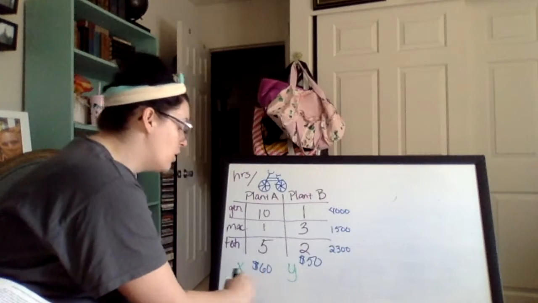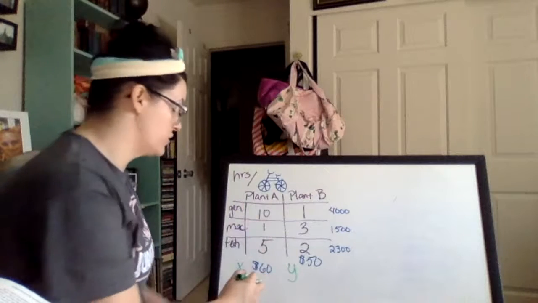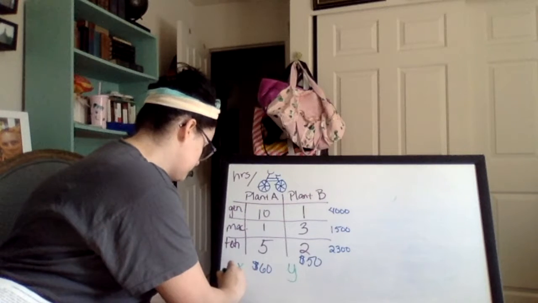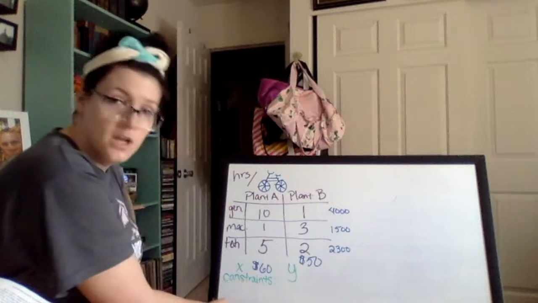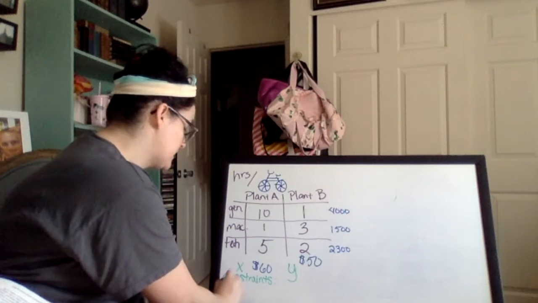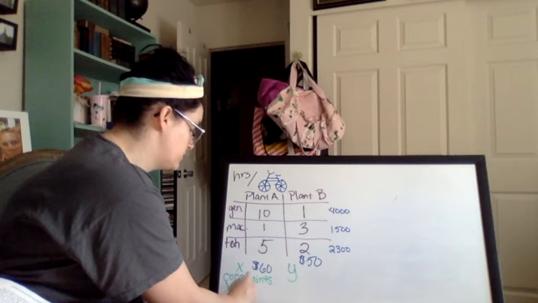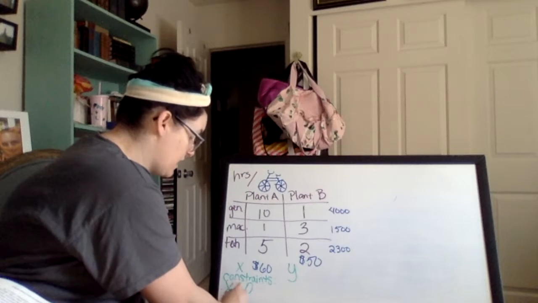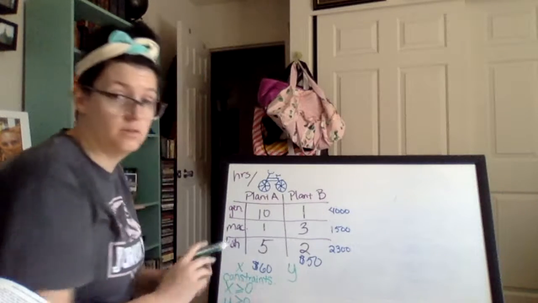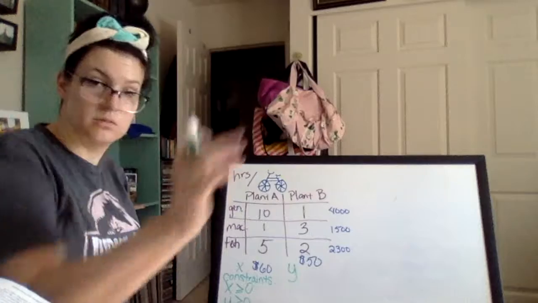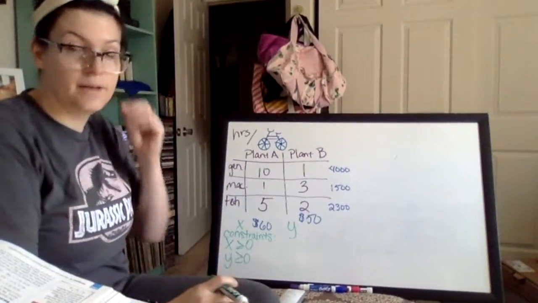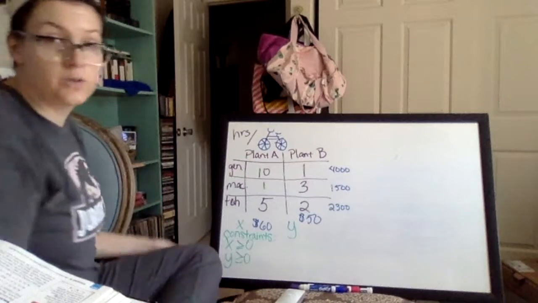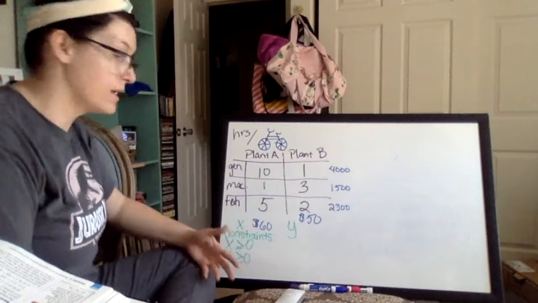So we already know, and now we're moving into our constraints, X has to be greater than or equal to 0, and Y has to be greater than or equal to 0. Okay, so what else do we know? What other equations can we make?